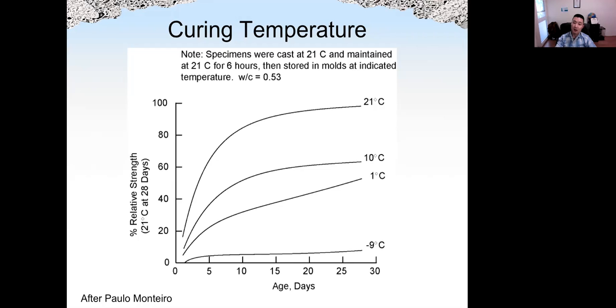This is only up to 30 days. We can see with higher storage temperature, the strength at early age at least will be higher, but later on the strength will catch up for concrete cured at a lower temperature.